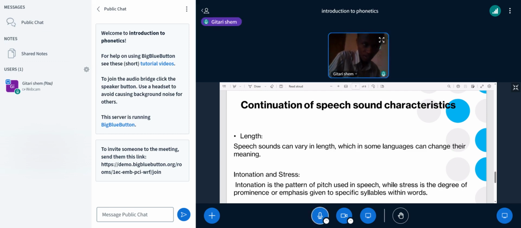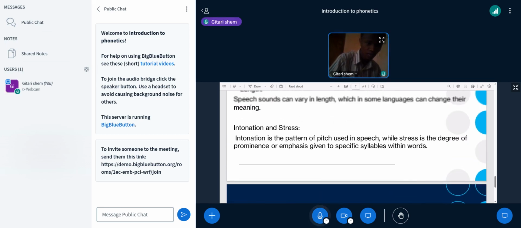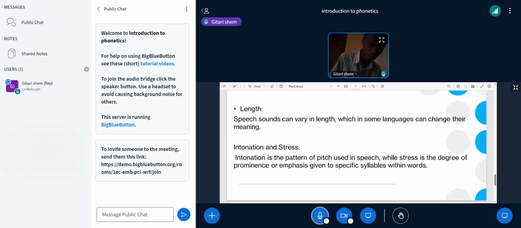In some languages, when you extend the length of the letter or how you pronounce it, the meaning changes. The next one is intonation and stress. Intonation is the pattern of pitch used in speech, while stress is the degree of prominence or emphasis given to a specific syllable within words.